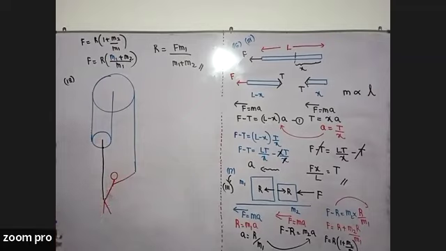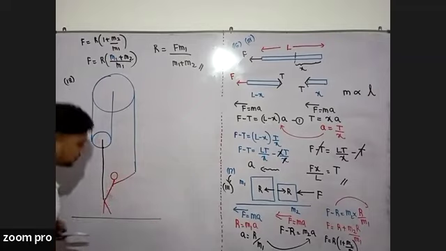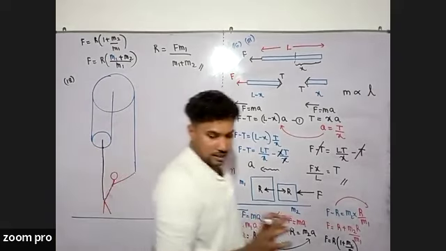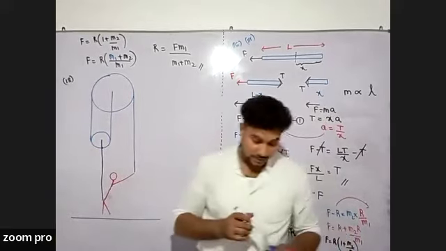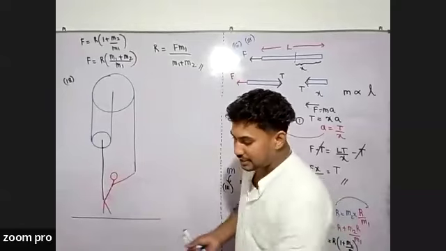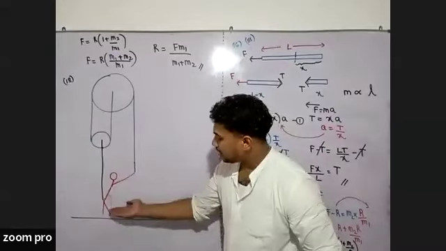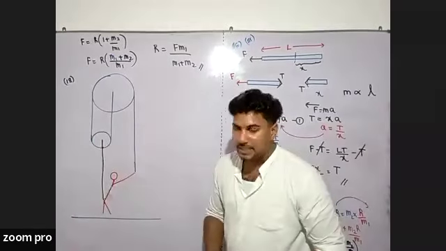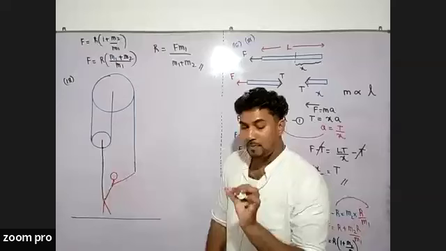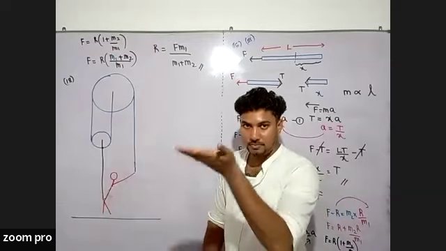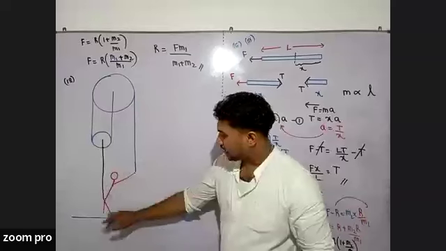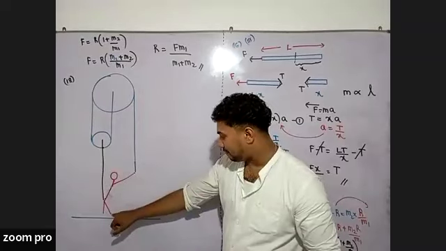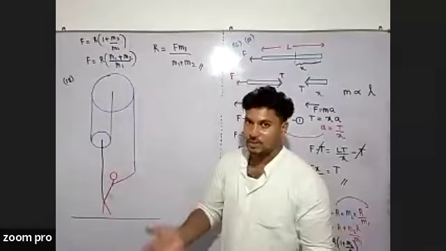Okay. Now, the question is asking about the force. So first of all, keep in mind this little thing, that this man is going to lift up from the floor, right? If the man is lifting up, that means the contact between the ground and the feet is getting lost.